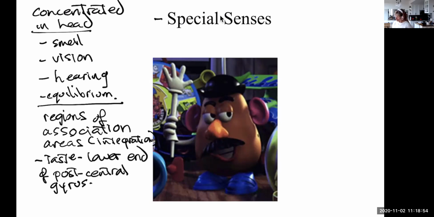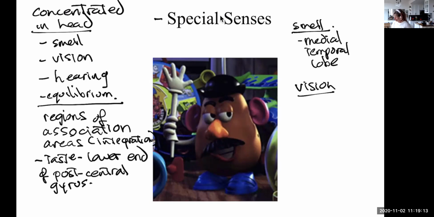Smell is found in the medial temporal lobe. Vision is found in the occipital lobe.